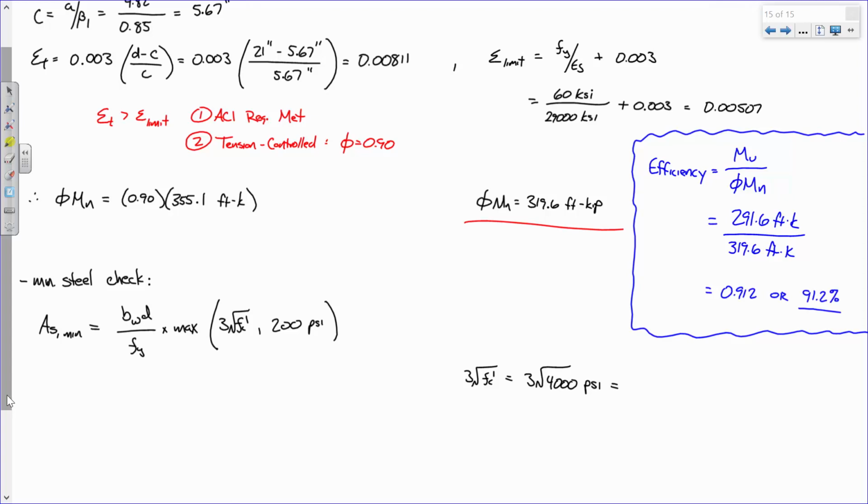I'm not that good. 189.7. 189.7 psi. So that is 14 inches, 21 inches, 200 psi because it's the maximum, over 60,000 psi.